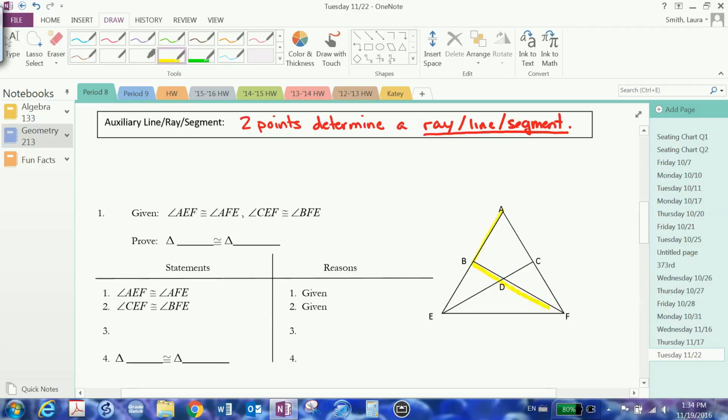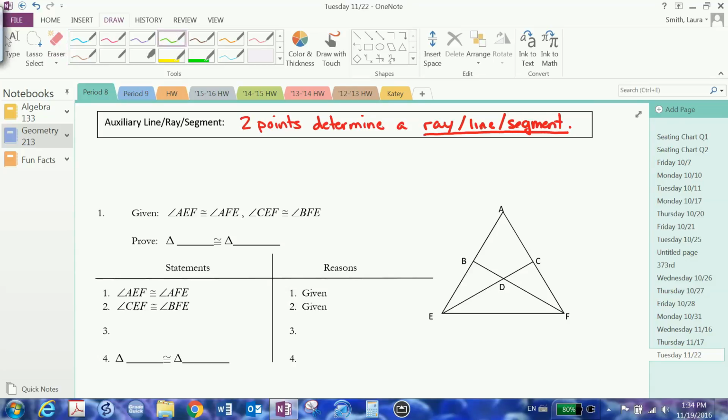I see this one and this one. Another set of overlapping triangles. So we have to figure out, based on this information, what 2 triangles we're actually looking at.